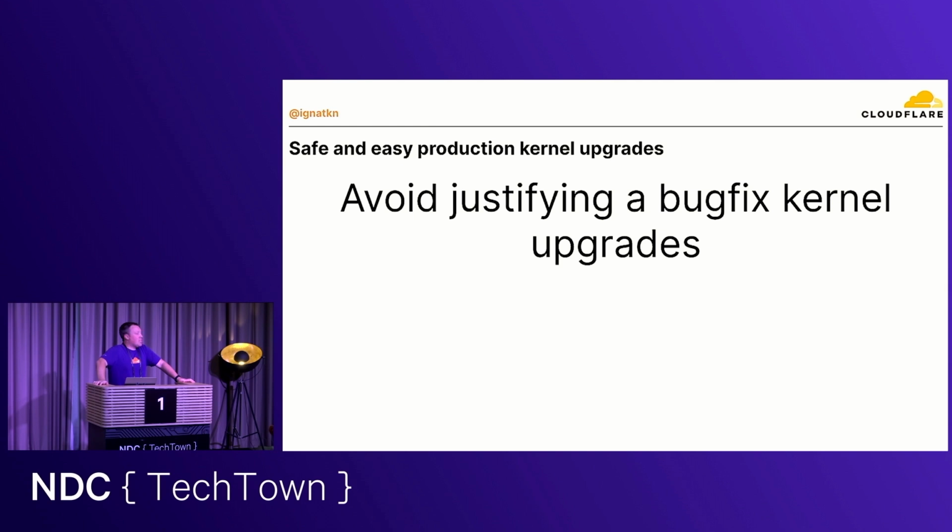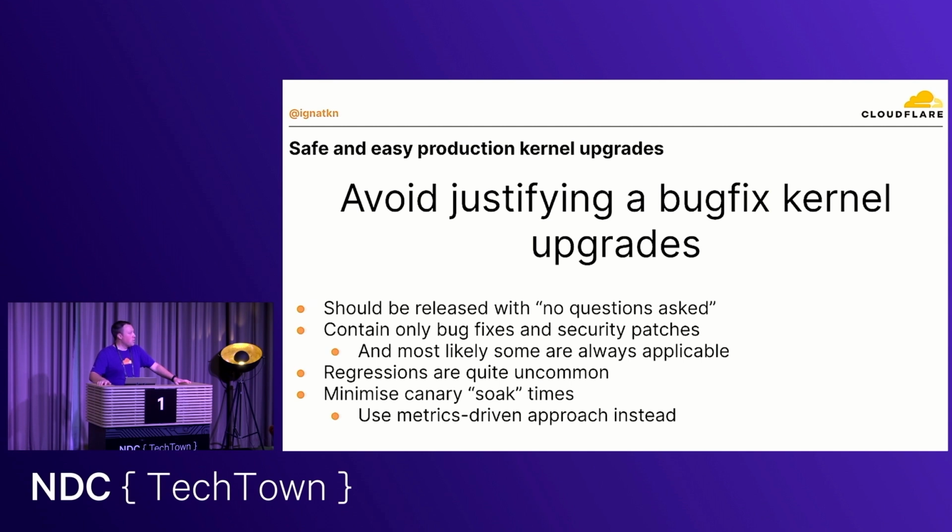Secondly, avoid justifying a bug fix kernel release upgrade. The kernel is probably the biggest open source project in the world, and there is always something which may be applicable to you. So you should just apply bug fix kernel releases with no questions asked, because there are so many of them, there is almost always something applicable to your system, and the regressions are quite uncommon.